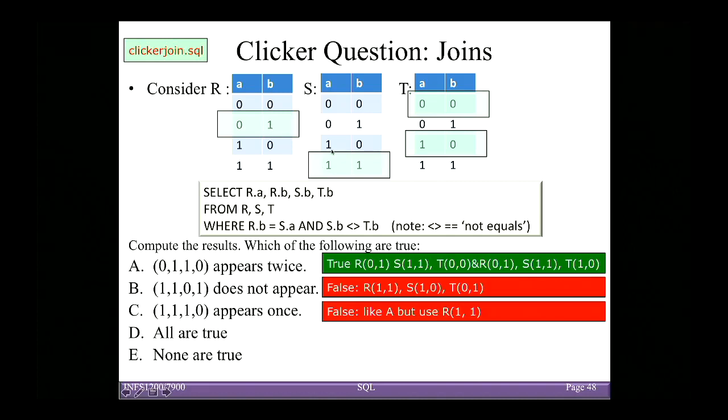This with this matches. I mean R.A and R.B, 0, 0. So R.B is 0 and S.A is 0 as well. So this and this, and this and this. And the last tuple, which is 1, 1.